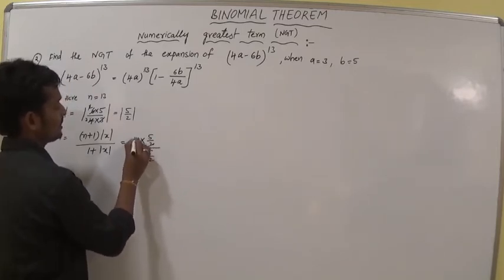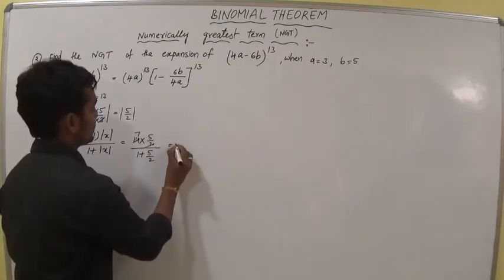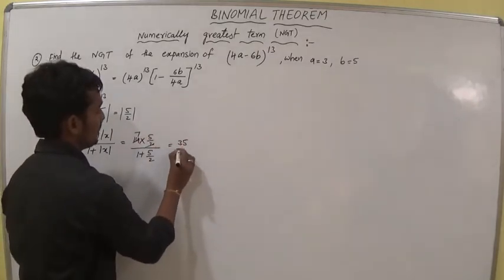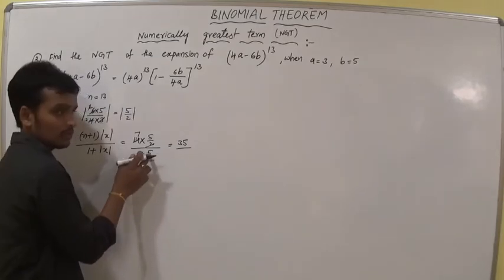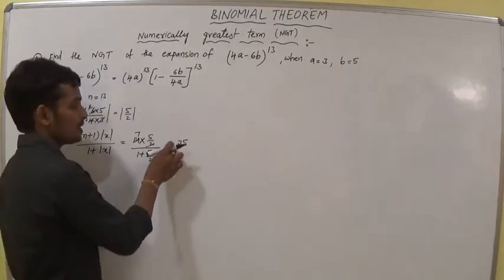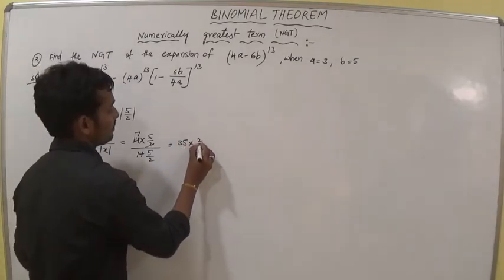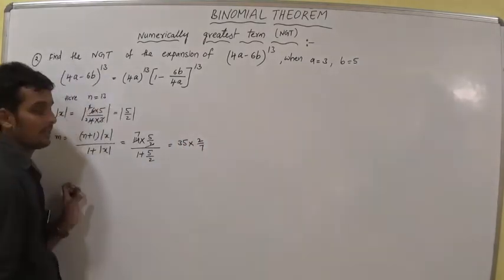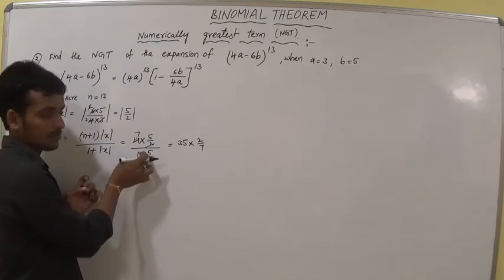Here 2 cancels, and in the denominator 1 plus 5 by 2 is 7 by 2.